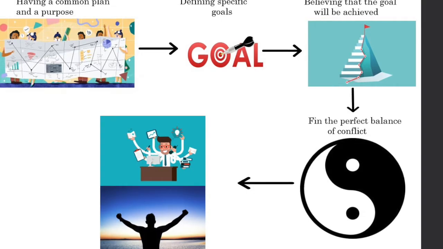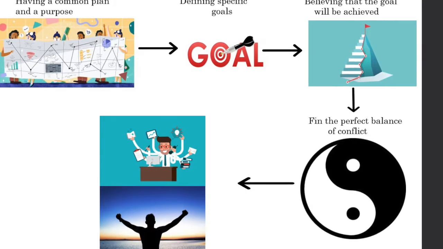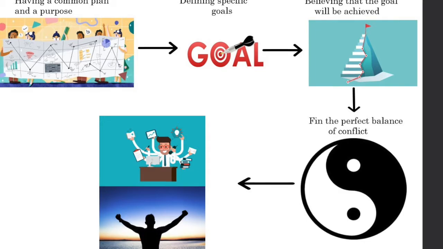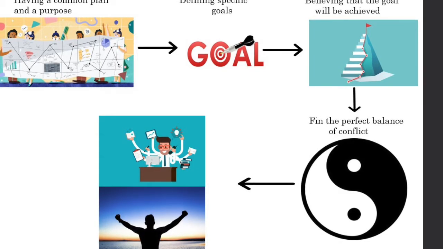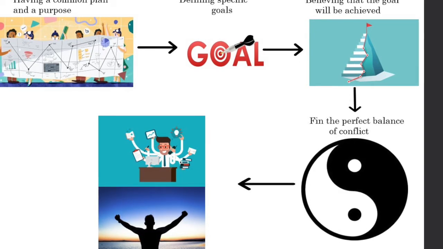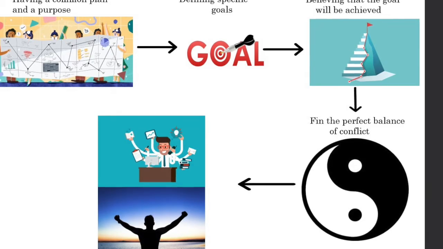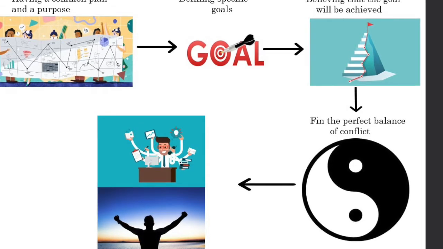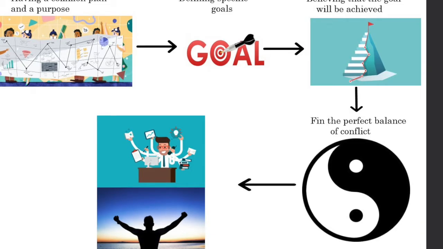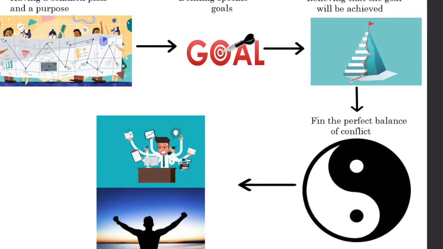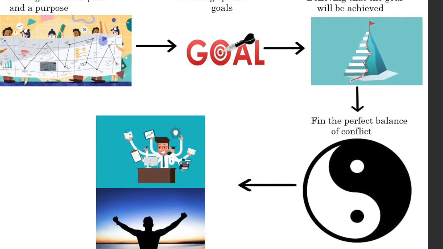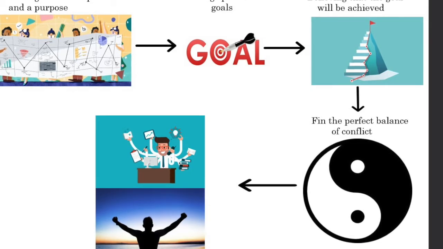Believing that we can achieve the goal that we've set previously raises the motivation, which many times is important while working in the university, where many of us feel a lack of motivation, even now under the situation that we live actually. And finally, there is a very important point, which is finding the perfect balance of conflict.